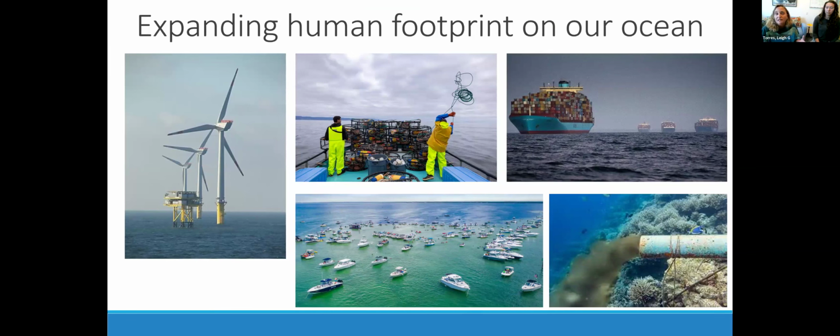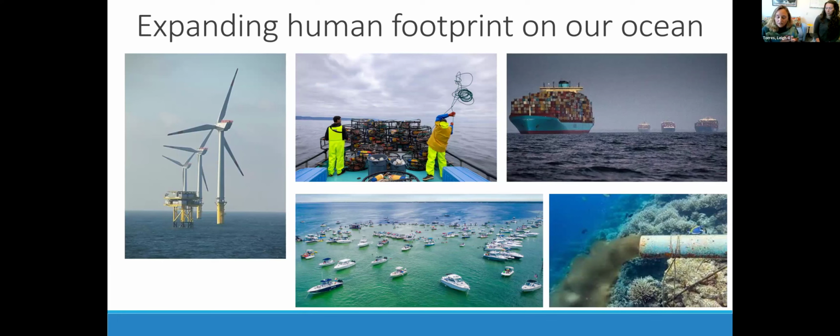And these are just what's happening today. As humanity keeps changing and developing new technology and new resource needs, likely the impacts on the ocean are going to change throughout time. Like in the last 10 years, marine renewable energy has really come on the scene as an important one, whereas 20 years ago we weren't really thinking about that.